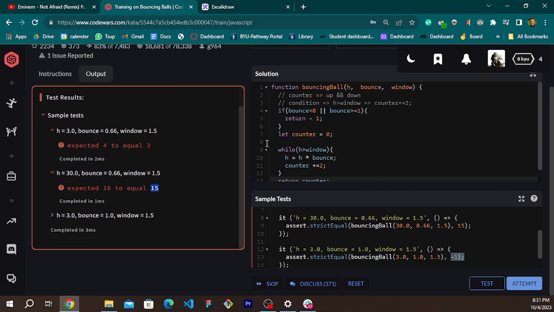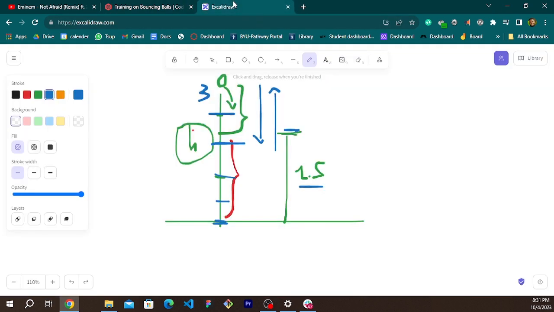So there's something wrong. The reason is that we have to also consider what happens when it's bouncing the last time. Let's say for the final bounce, it just came and gets here, right? Now, if it minimizes by 0.66, then it falls, and if it falls here and comes back, it will just get somewhere here.